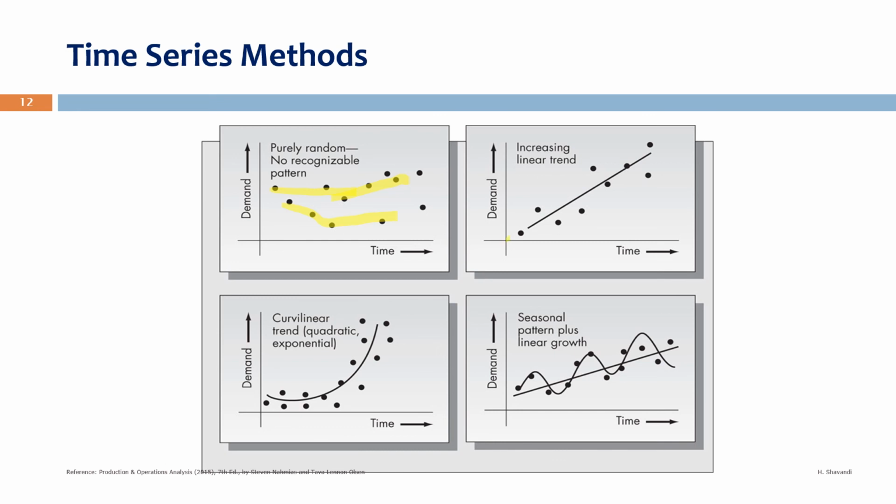But in this example, we easily see an increasing trend in the data, and it can be modeled as a linear function. But here we actually see an increasing trend that is not linear, so we can consider this as a quadratic or exponential relationship between the time and the demand here.